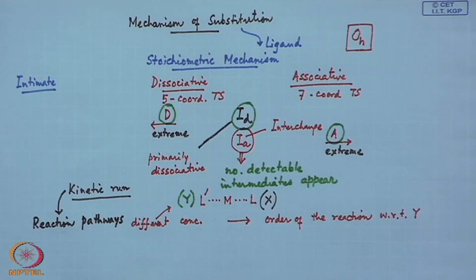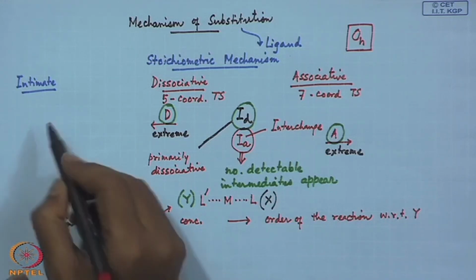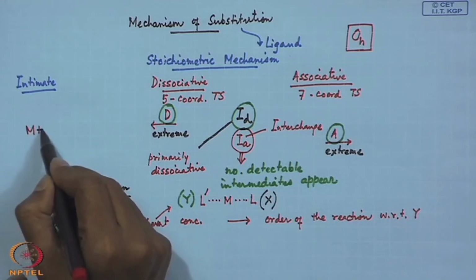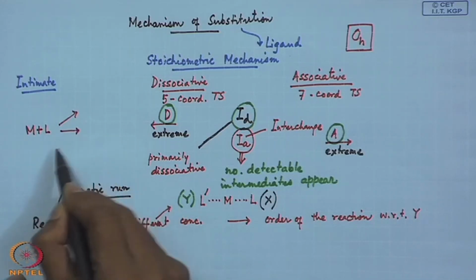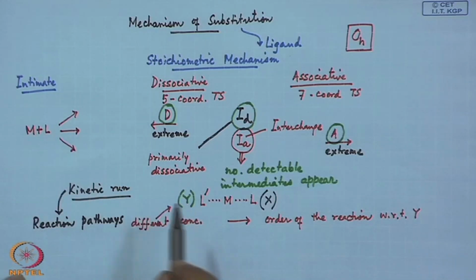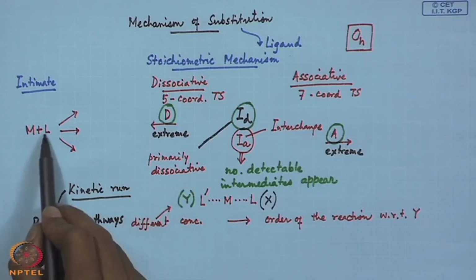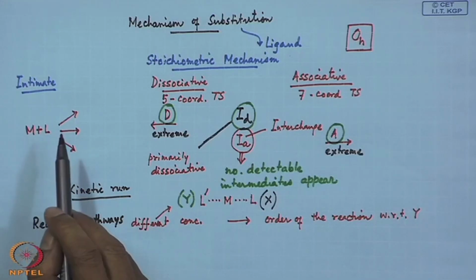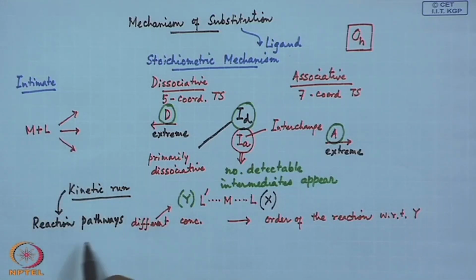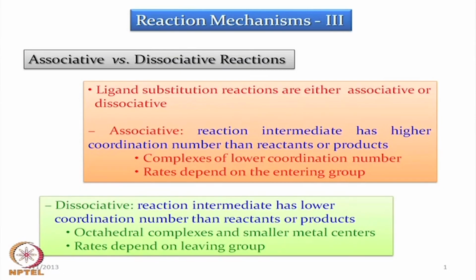When you do a particular reaction, say M plus L, and there can be different pathways for the reaction to take place where L is reacting with M, we can find the possible reaction pathways and their kinetic consequences, and try to find the corresponding kinetic rate law.